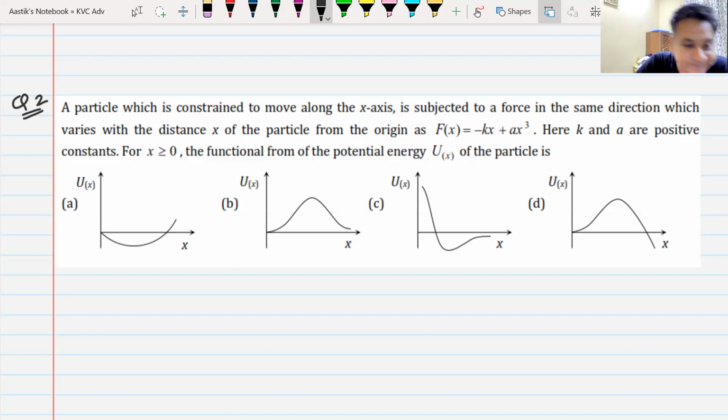2 minutes you shall have. Let's see who gets me this one. This is really good, a really good question. And this could very well come in this year's JEE. When I say JEE, this is probably above the level of JEE Main. Definitely above the level of JEE Main.